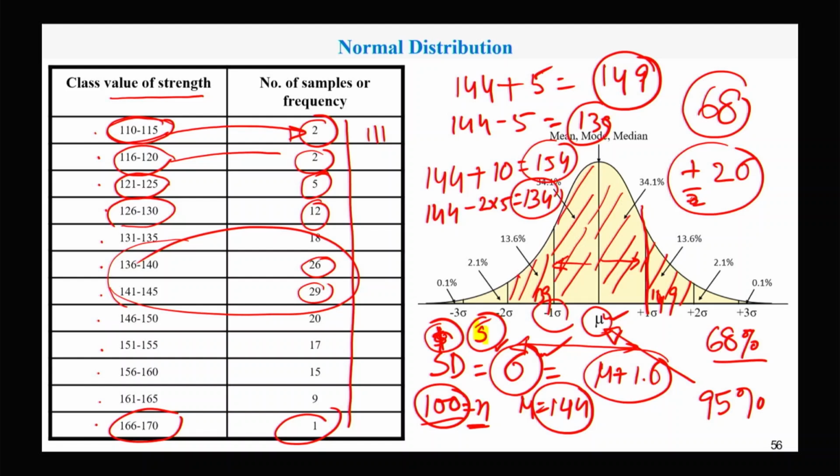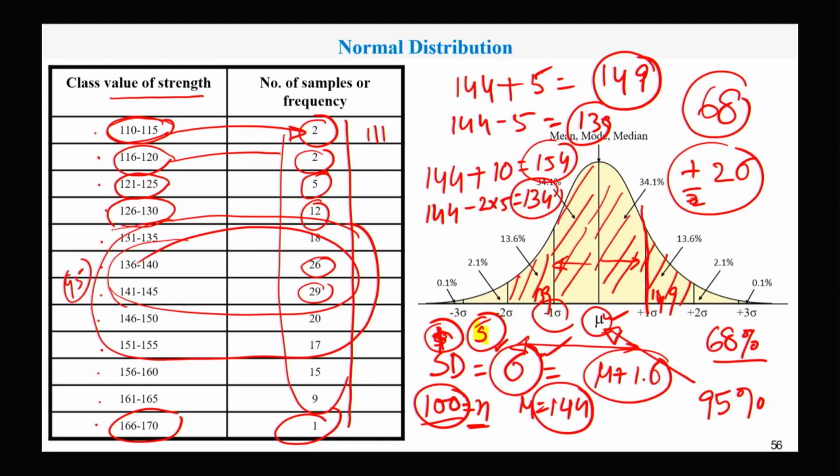That means out of 100, 95 data will be there between 134 and 154. I am not referring to the table because I have assumed 100 samples.